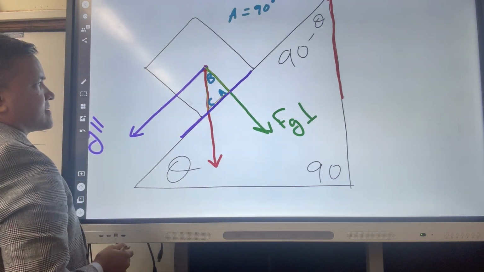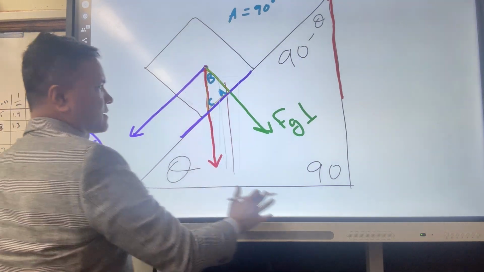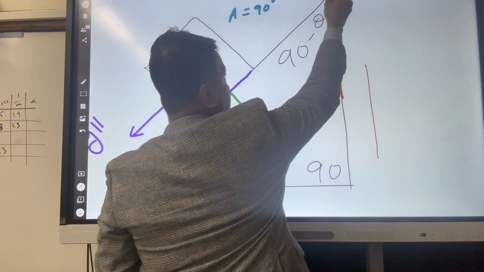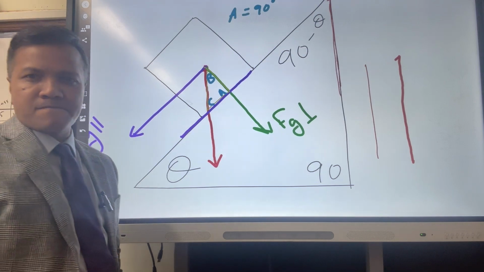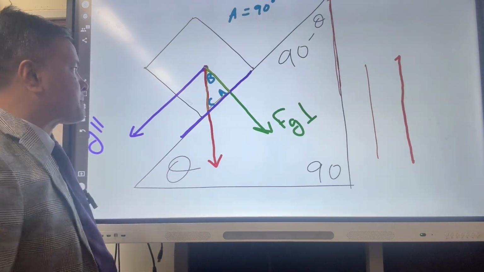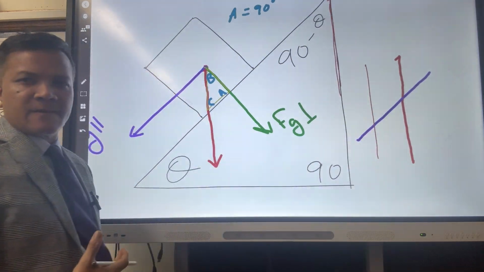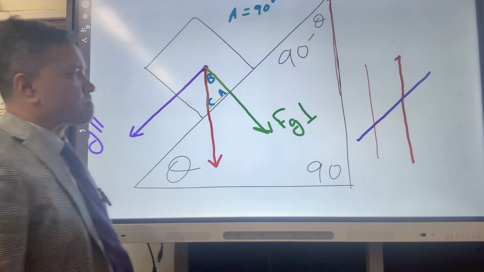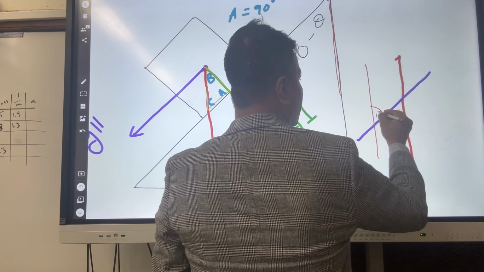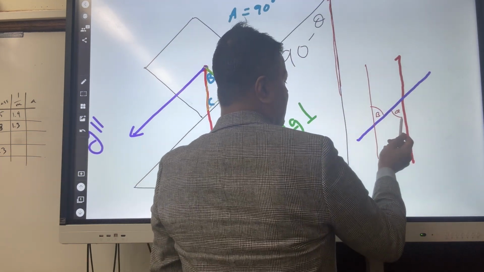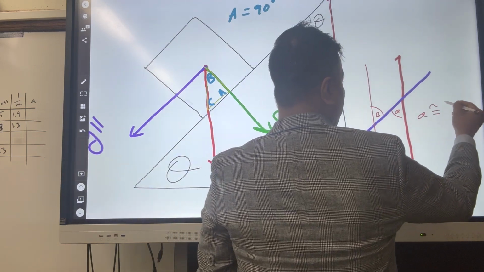What is C? To find C, I want you to consider this. I'm sure you're going to call them parallel lines. I'm sure you're going to call it a transversal. Call it alpha, call it beta. Alternate interior angles are congruent, so alpha is congruent to beta.